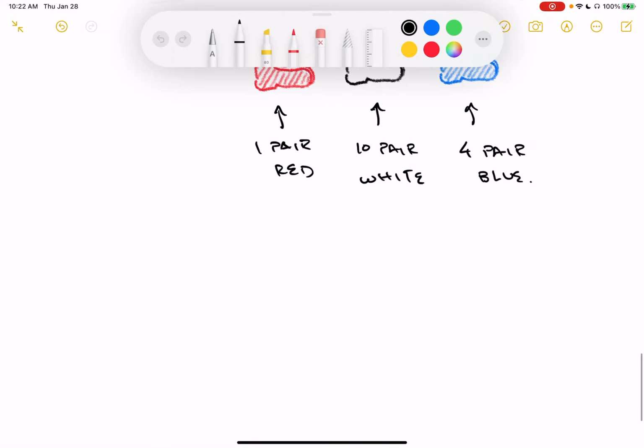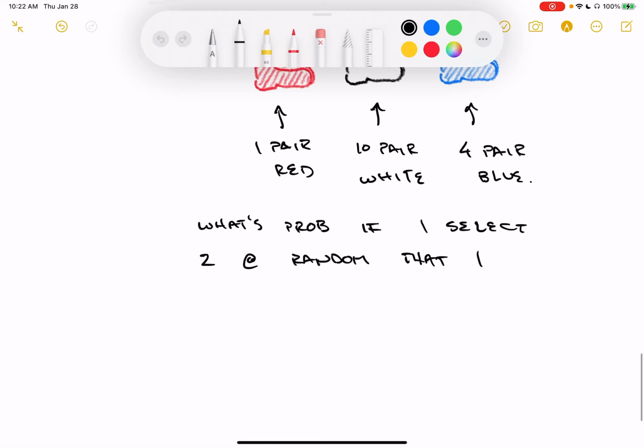What's the probability if I select 2 at random that I'll have matching socks on?